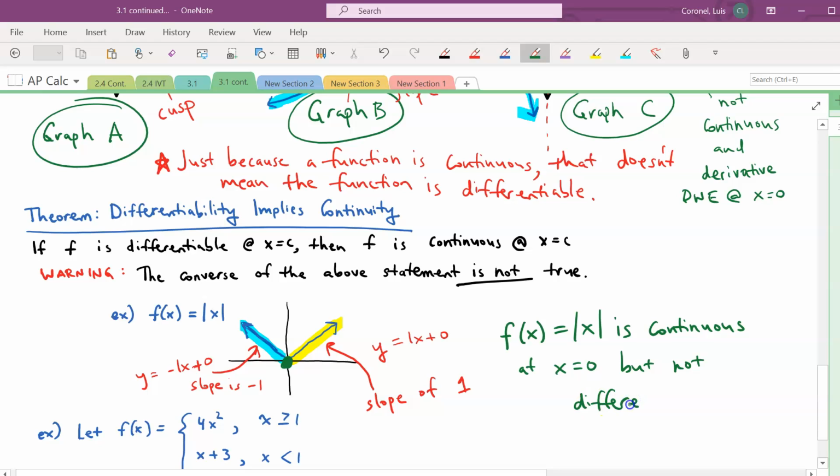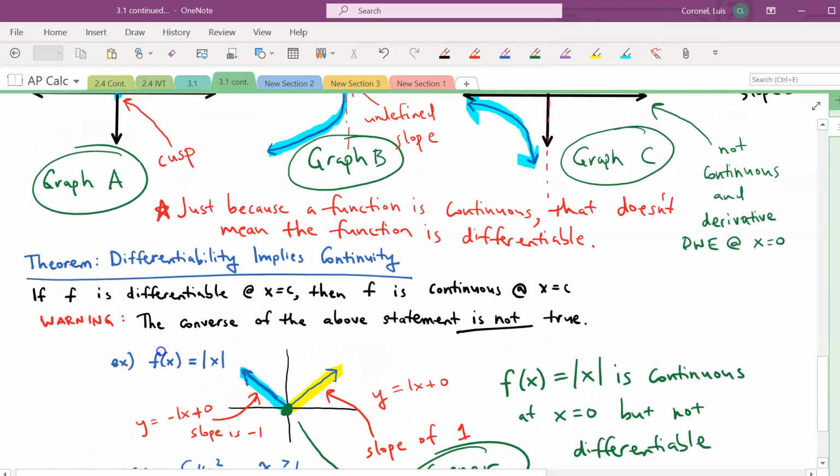We cannot determine what the slope is at x equals 0. In this particular example, this is called a corner. Not differentiable. This is called a corner. So we cannot find the derivatives at corners.